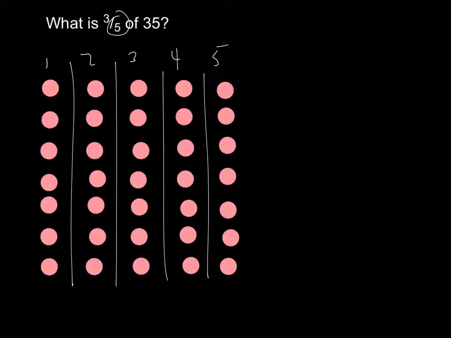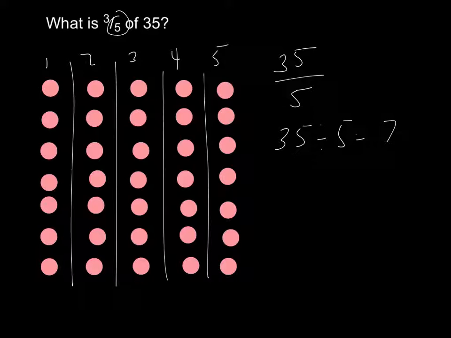And the way we practiced this last night was we took a look at 35 over 5, which is the same as 35 divided by 5. And that's going to equal 7. And that is how many dots are in each one of our groups. So 1, 2, 3, 4, 5, 6, 7.